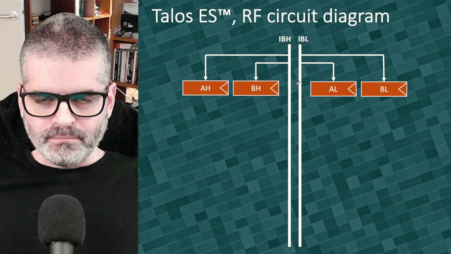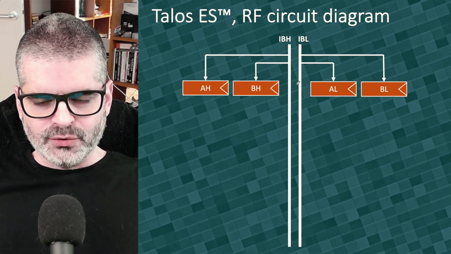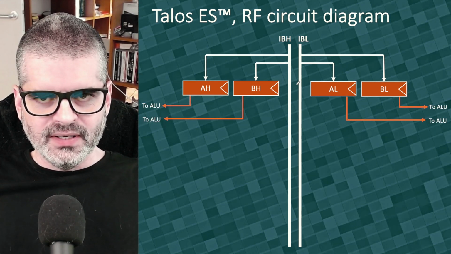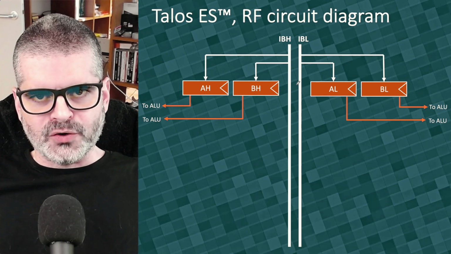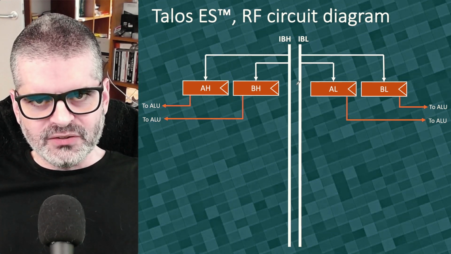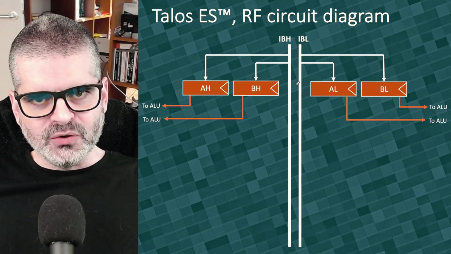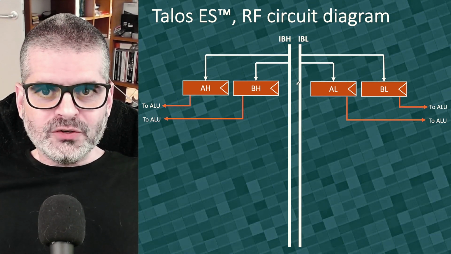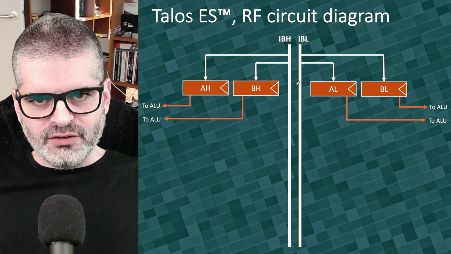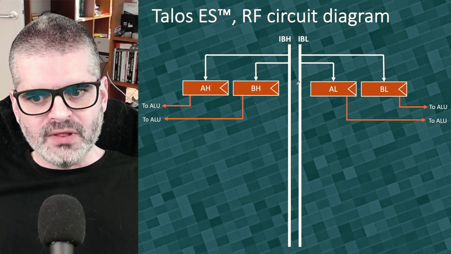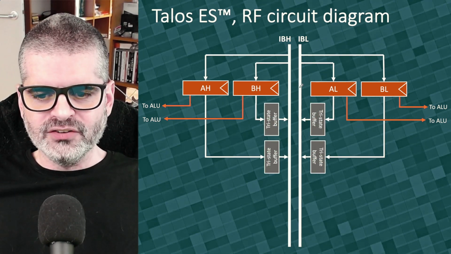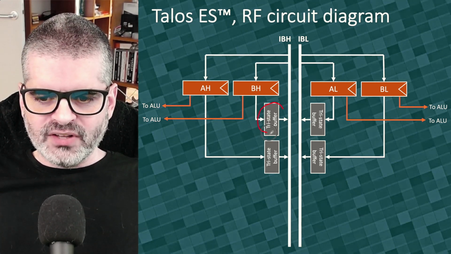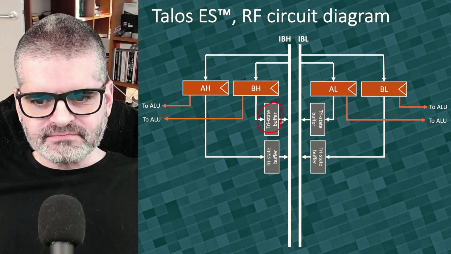Now, as we've seen in the previous episodes, the outputs of these registers go straight to the ALU. They bypass the internal bus. They feed straight into the ALU card, all 32 bits, 4 registers of 8 bits. But of course, we also want to put the outputs or the values in these registers back into the internal buses via some tri-state buffers.